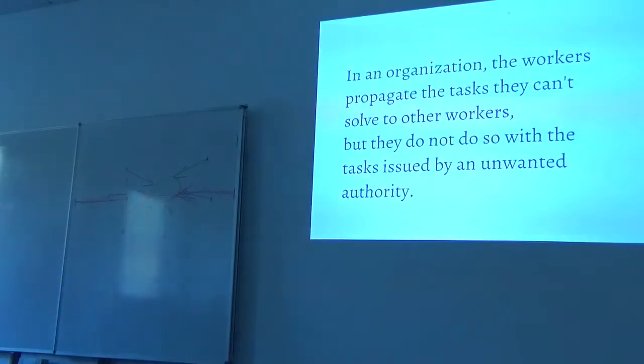So imagine that in an organization, the workers propagate the tasks they can't solve to other workers, but they do not do so with the tasks issued by the wanted authority.